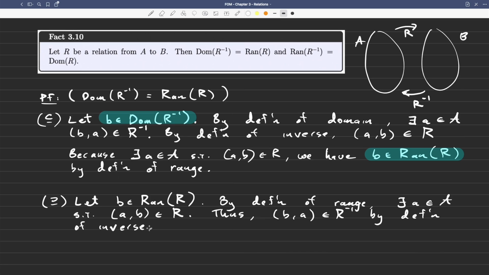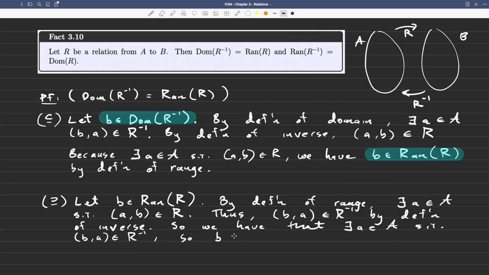And now we see that b is the first component of an ordered pair in R inverse. And anytime an element is a first component of an ordered pair in a relation, it's in the domain of that relation. So we have that there exists some a in big A such that (b, a) is in R inverse.